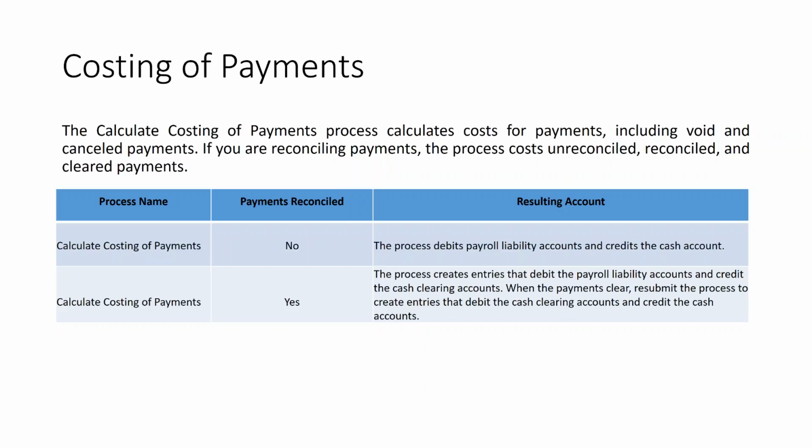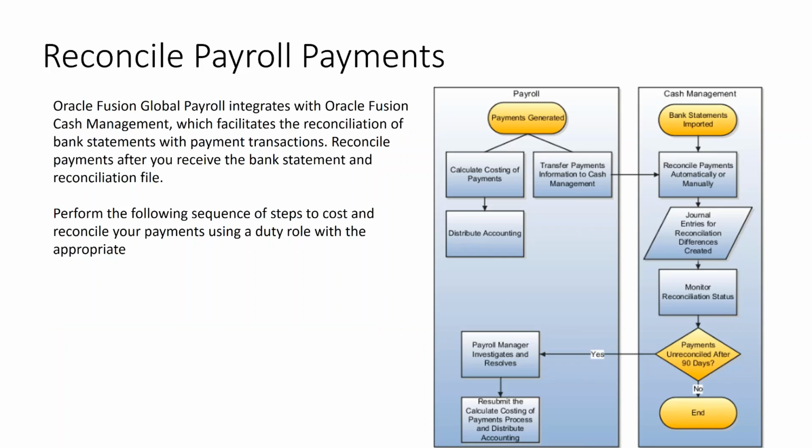Now, in the next slide, I have a functional overview of what exactly happens between payroll and cash management in terms of reconciling payroll payments. Oracle Fusion Global Payroll, that is the Fusion Payroll, integrates with Oracle Fusion Cash Management.